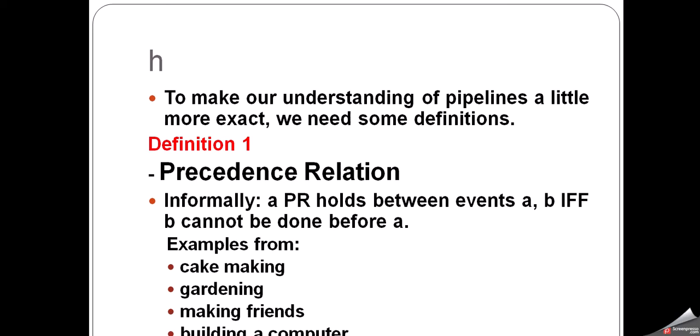Or in gardening, if you're just simply sowing seeds, you've got to treat the soil in an appropriate way, sieve it, choose the right sort of soil or compost, make sure that the temperature for sowing seeds is okay. You're not going to sow certain seeds in the middle of winter and so on. Building a computer, you have to choose all the components and assemble them in a particular way, and maybe test things at every stage.